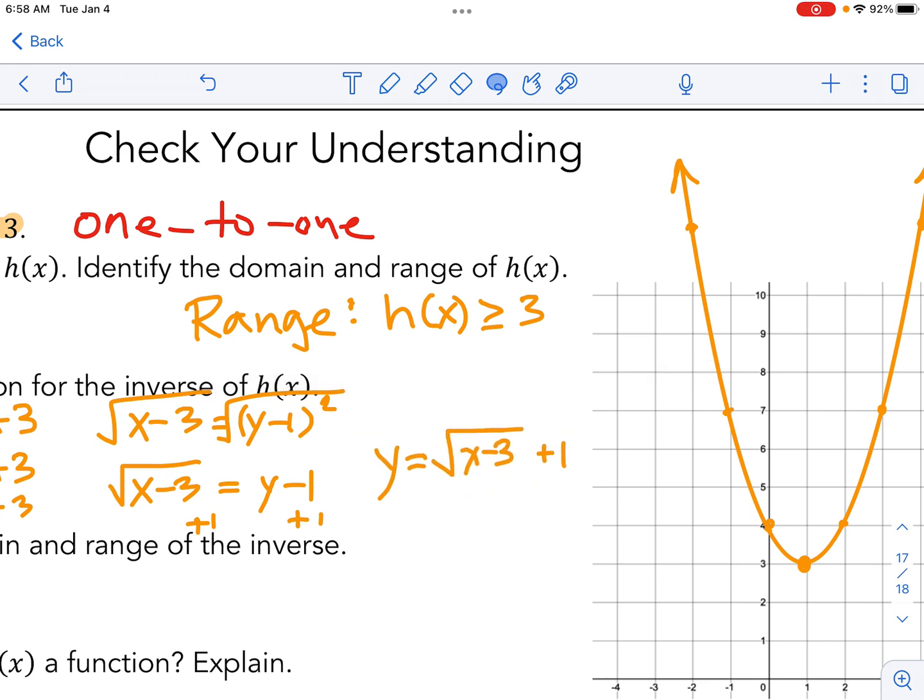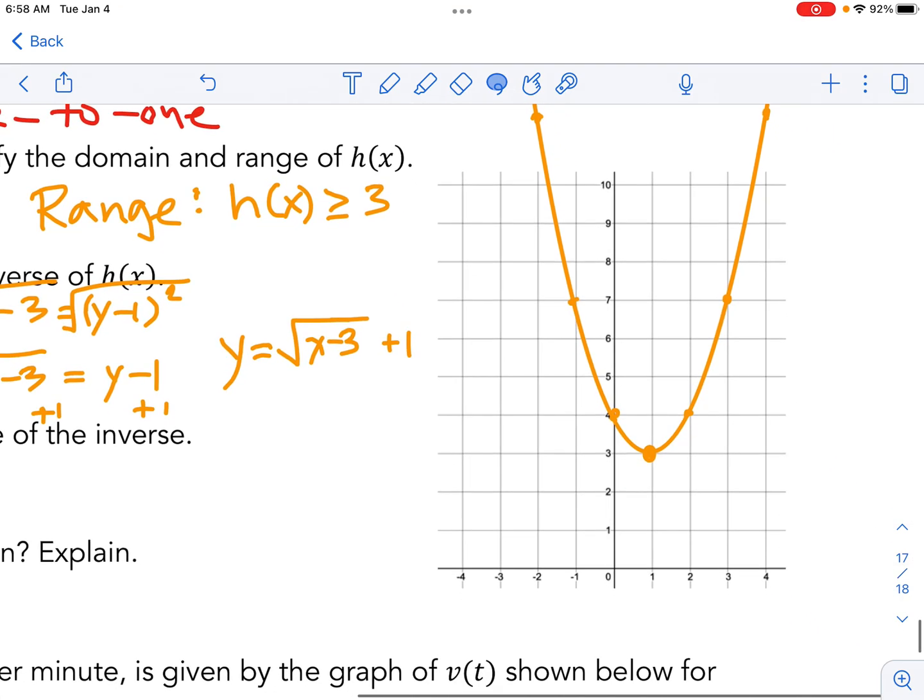And that also tells us about what's happening to that vertex. So the idea then is if I would graph this, it wouldn't be this entire parabola. It would be over 3 up 1, and it would just be the top part of the parabola.